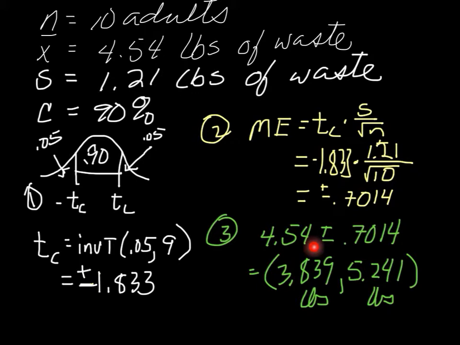Now, what would change? What if we changed the sample size? For instance, what if we made the sample size 500? Well, then that would make this margin of error right here much smaller, and then the confidence interval would be much tighter.